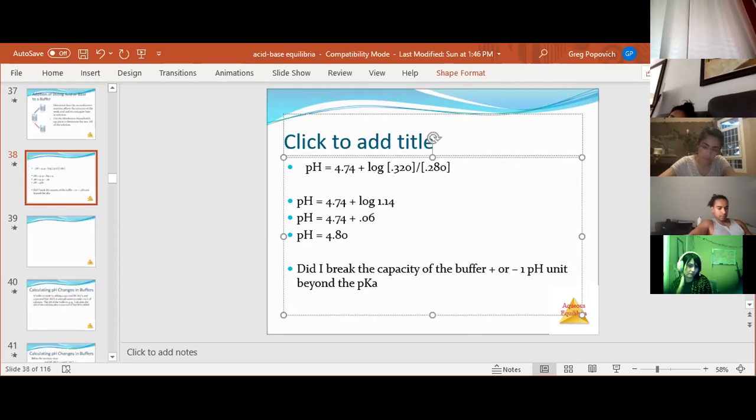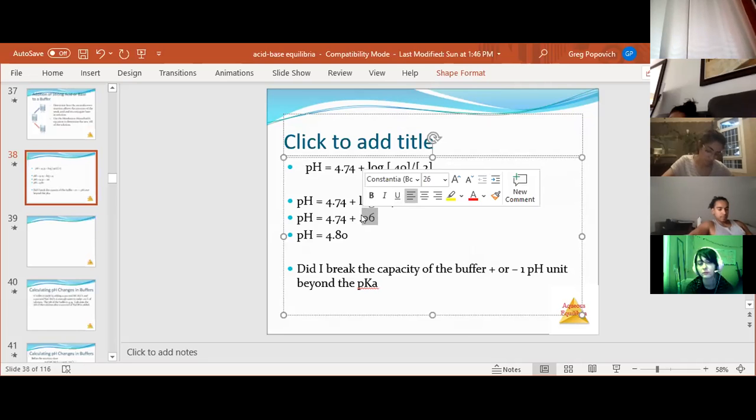If I add 0.10 of my base, this changes this to 0.4 over 0.2. In this case, I get a positive 0.301.